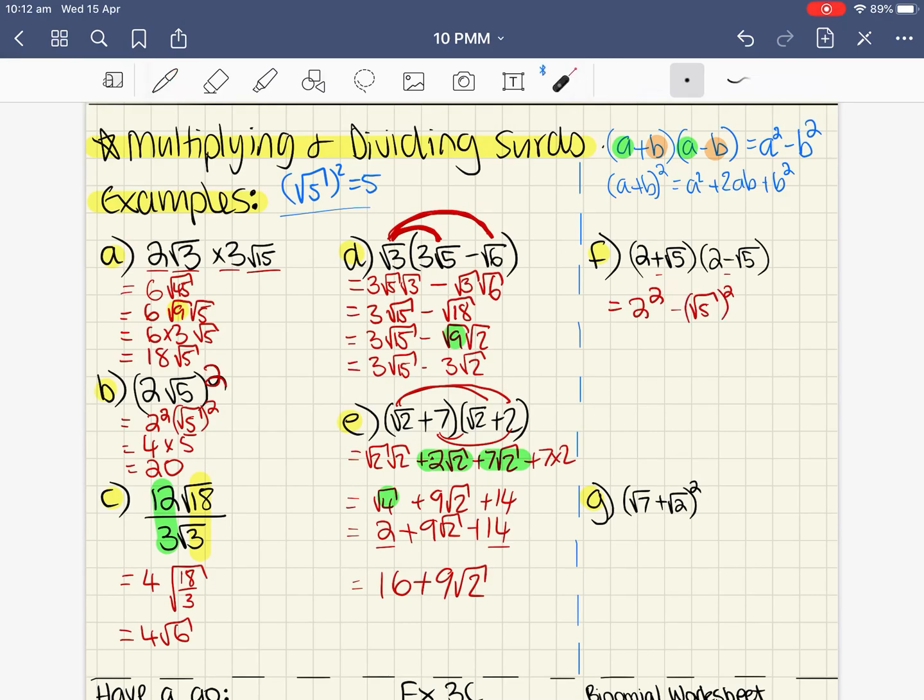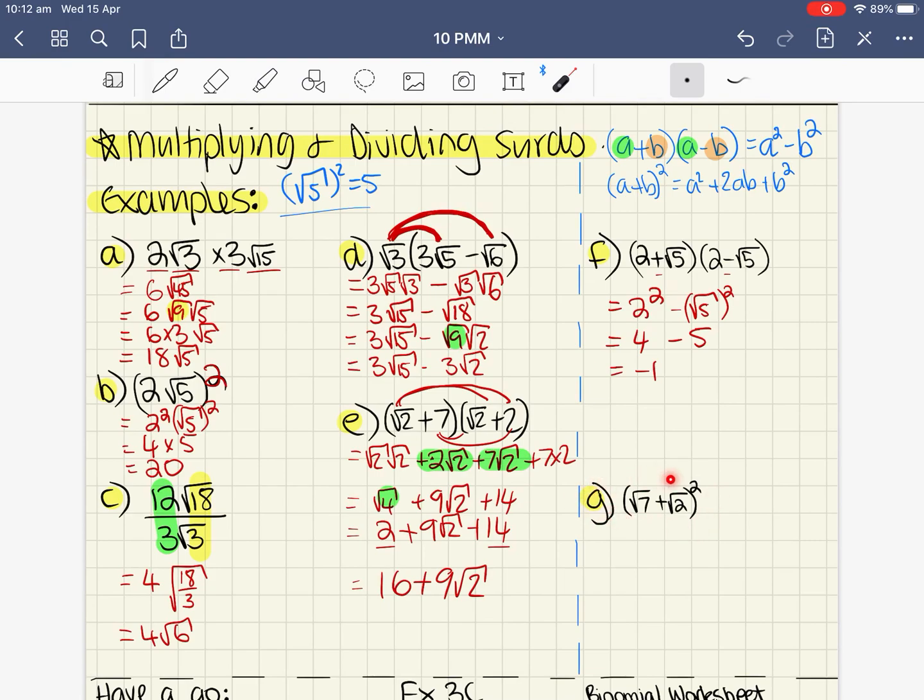And just like we reviewed over here, when we see a root 5 all squared or a square root of something all squared, it's just the number under the surd. So that's 4 minus 5, which gives us -1. And how cool is that? We had this really big ugly thing and it made it a nice -1 as our answer. So that's an example of a difference of perfect squares.